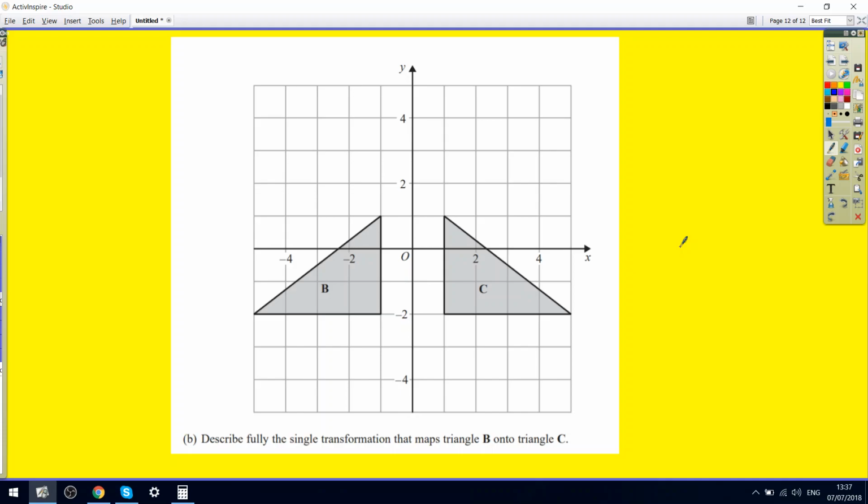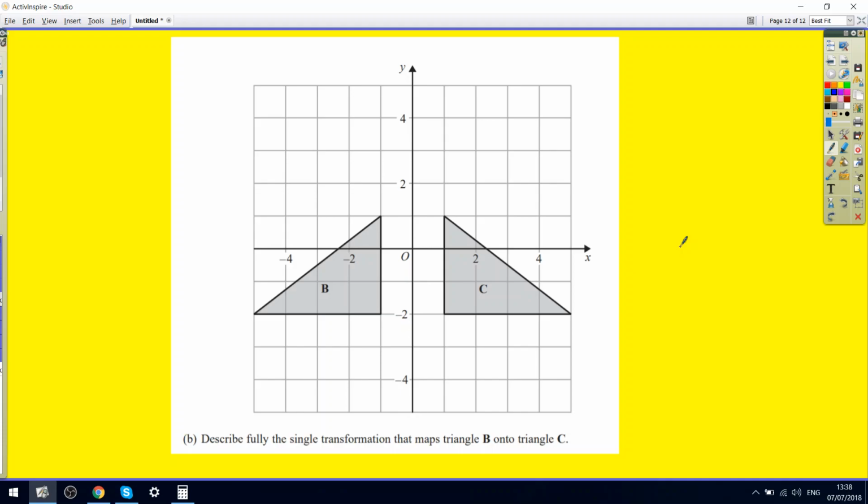So what type of transformation is this, from B to C? 180 clockwise. That would be a rotation, but it didn't rotate. What did it do? I don't know.